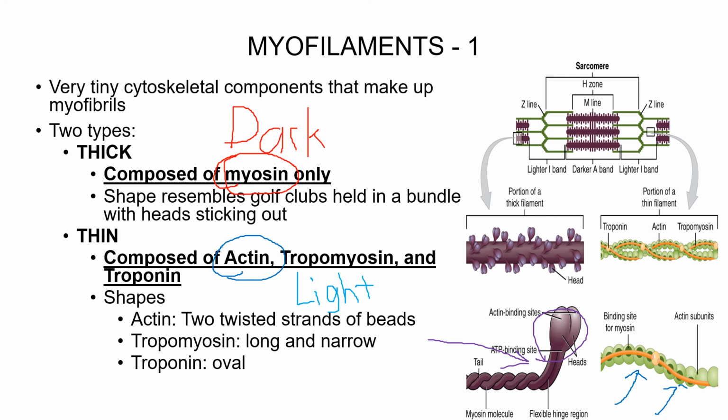Striations, all they are is just the alternating patterns of these two proteins. So if you take a look at the picture in the upper right hand corner, what you'll see is this myosin actin just a little bit smaller.